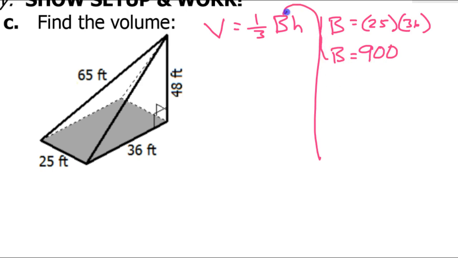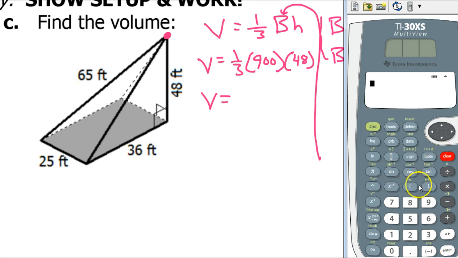So I can take that and put it right there. So the volume is going to be 1/3 times 900 times the height. The height is the perpendicular distance from the base to the apex, and that is 48. Obviously, 1/3 of 900 is 300, so I could just type 300 times 48, but most of you probably wouldn't have noticed that.